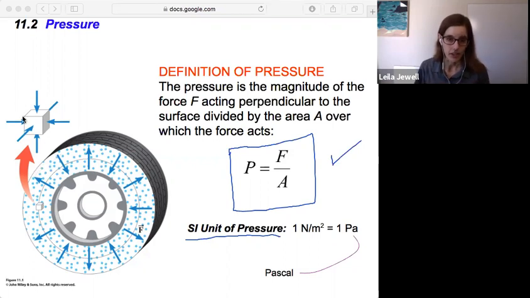We could label one of these as a force arrow, say force 1, and the area of interest would be the area of that square, which we could call A1. From that, if we knew the force and the area, we could calculate the pressure.